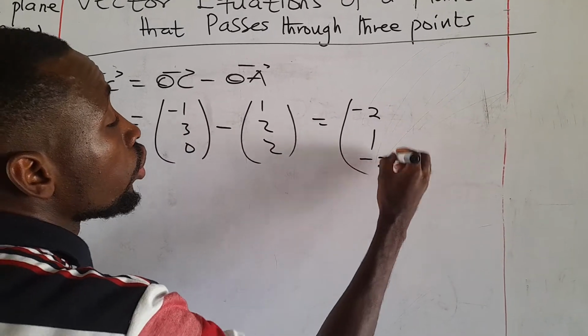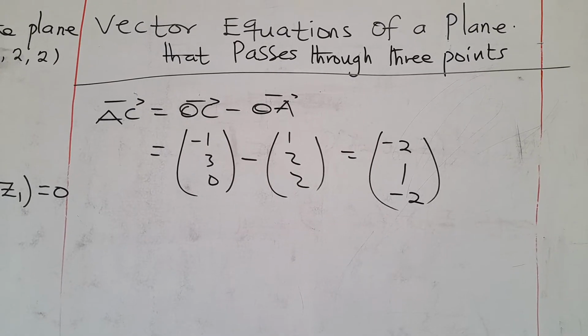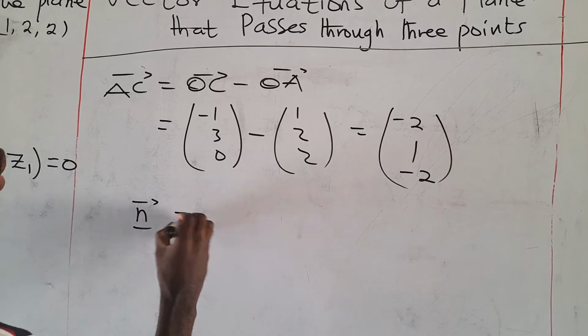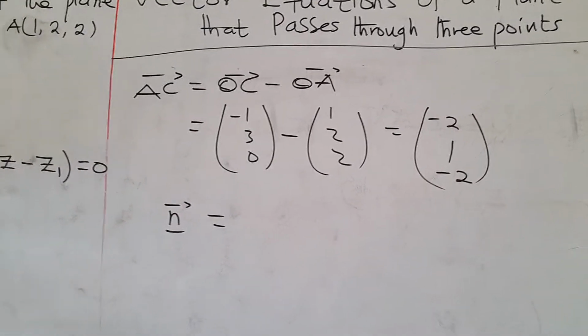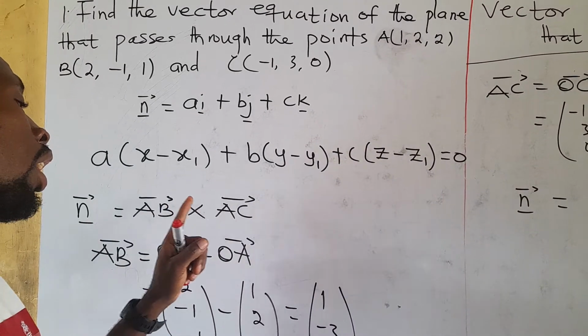So we say the normal vector n, remember, is equal to the cross product of the directional vectors AB and AC.